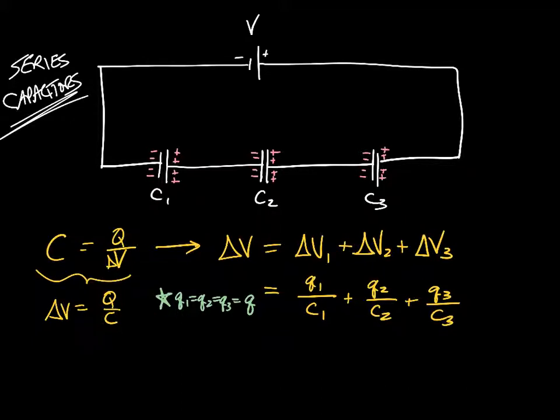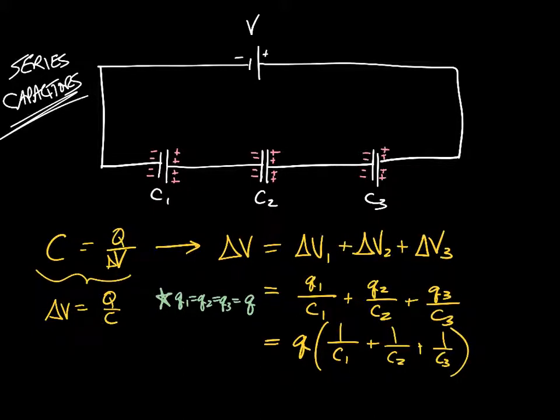All right? And so that means I have a constant in here. I have a Q that comes out of everything, and what's left behind is 1 over C1, 1 over C2 plus 1 over C3. All right?